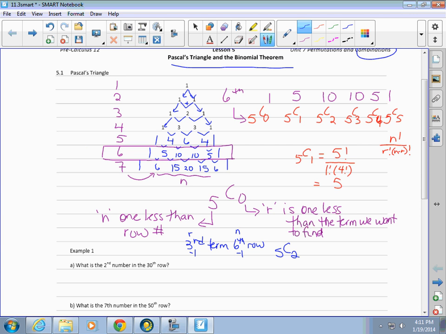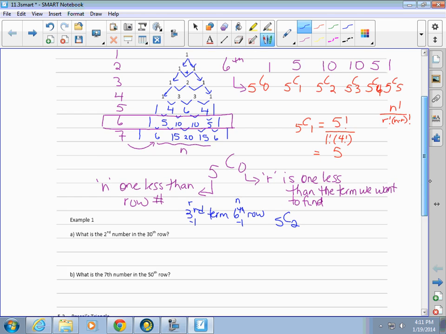So my third term in the sixth row is 5c2. That's one little trick you have to remember. When you're finding a term, you need to know what row it's in, do 1 less than the row and 1 less than the term, and then you can use your combination formula to find it.